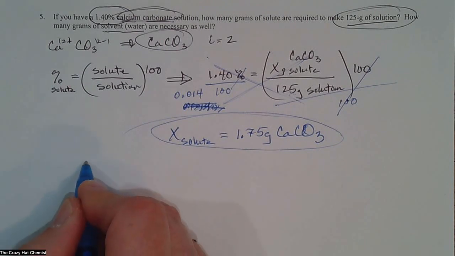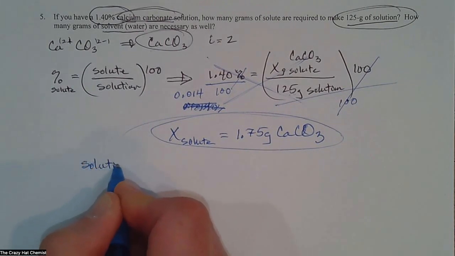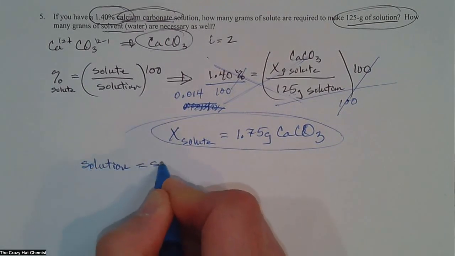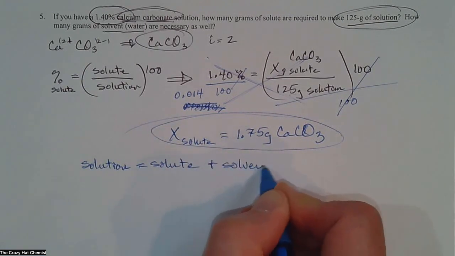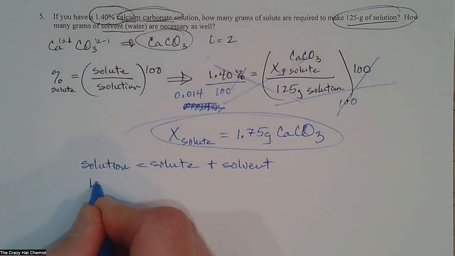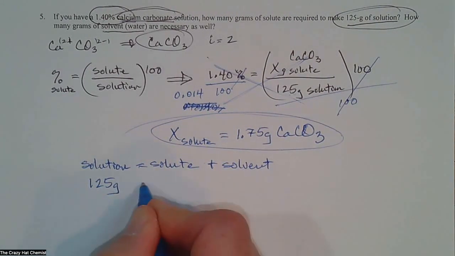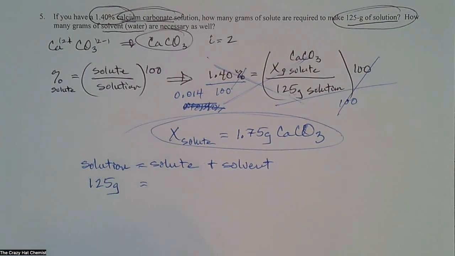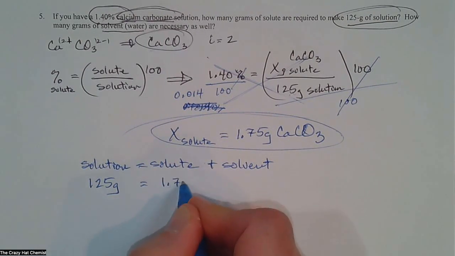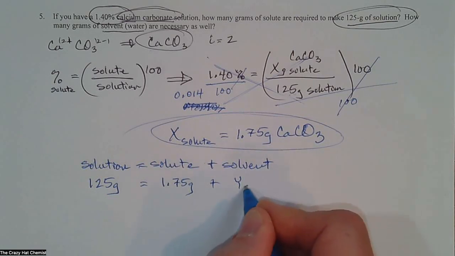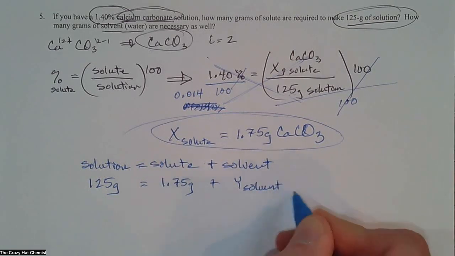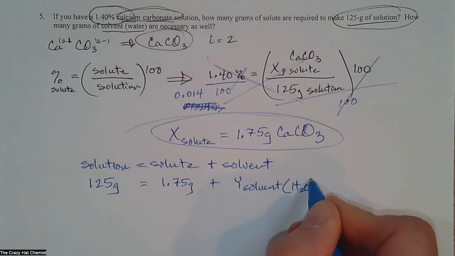So what you need to know is solution is equal to solute plus solvent. So the solution is 125 grams. That's the sum of the two. The solute is the 1.75 grams plus the Y, I'll call it Y solvent, which in this case is water, the universal solvent.